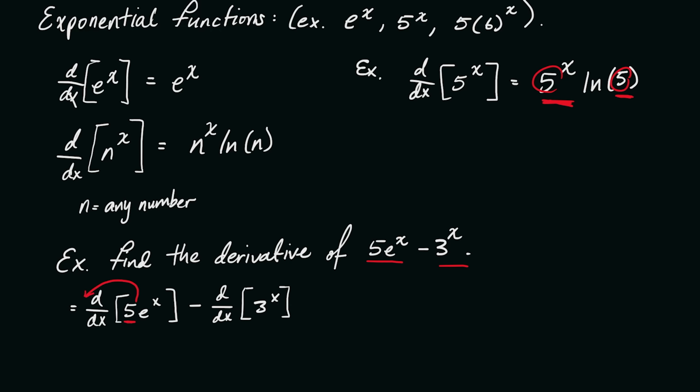The derivative of e to the x is just e to the x, so our first term stays the same as 5 e to the x. Now the second term is a little bit different, right? It has a number, but then x is the exponent. So we keep it the same, but then we multiply it by ln of the base, so ln of 3. And that is our answer.